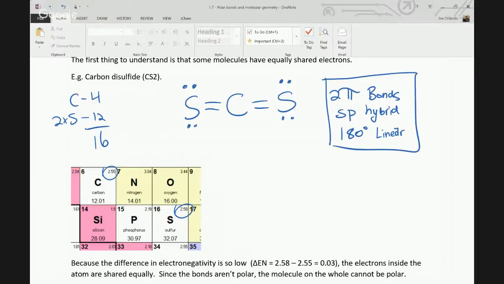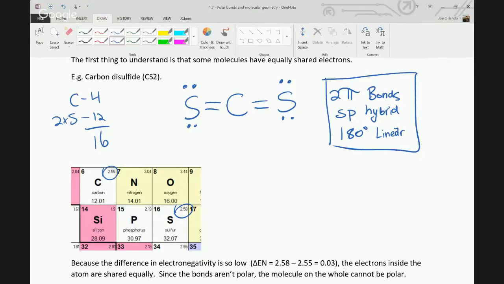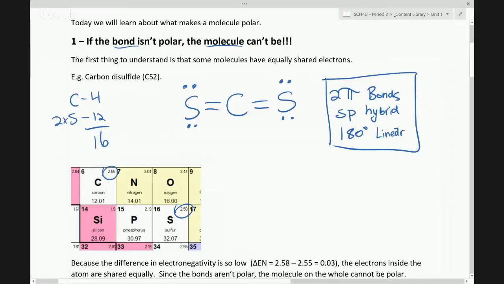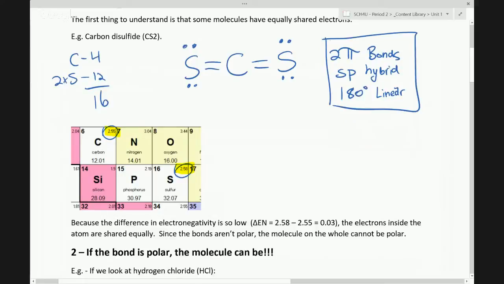So here we have a bond between sulfur and carbon, and we have to look at the difference in electronegativity. Carbon has an electronegativity of 2.55, and sulfur has an electronegativity of 2.58. I'll put the little periodic table in here for you. So those numbers are. And if you look, I've already done the math, the difference in electronegativity here is only 0.03.